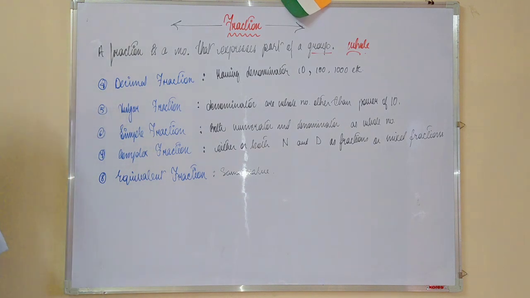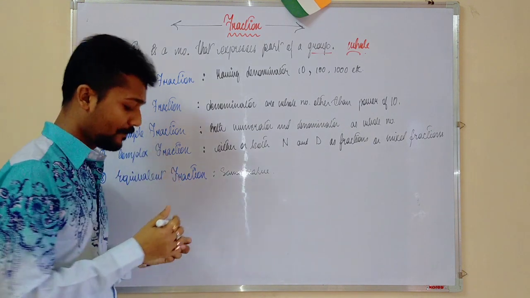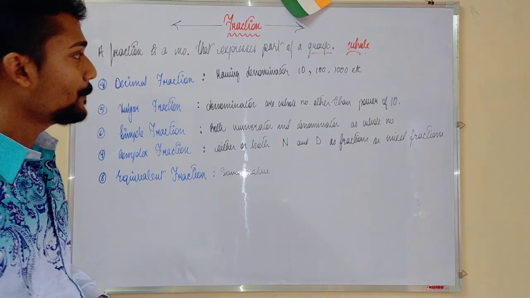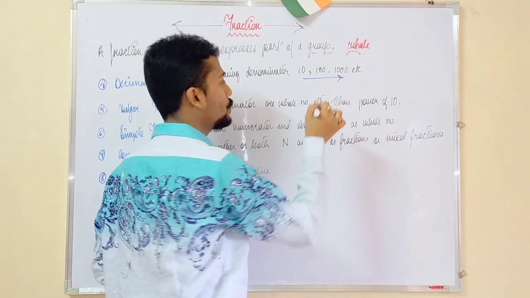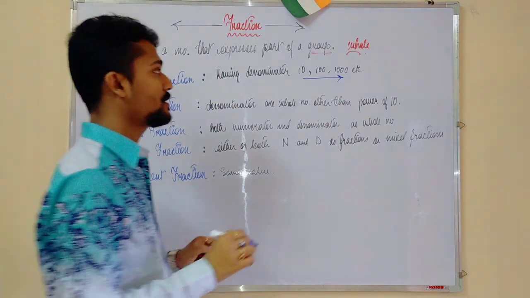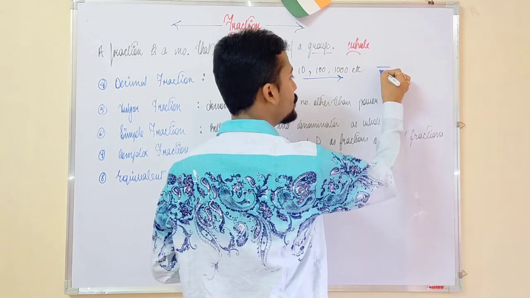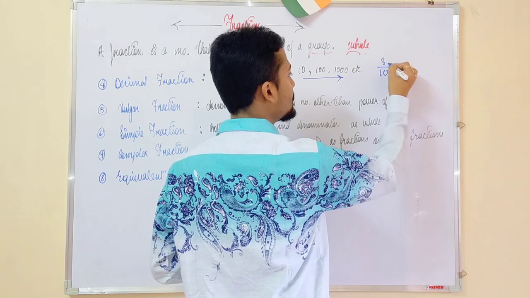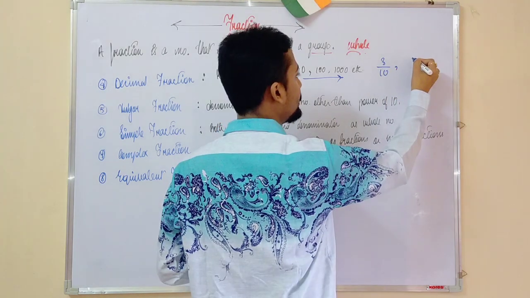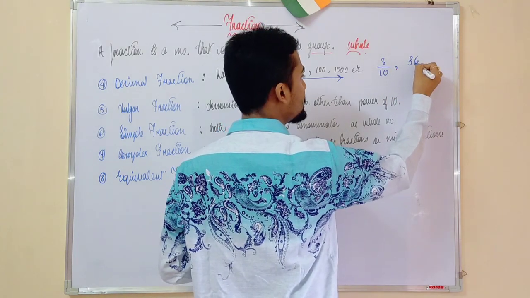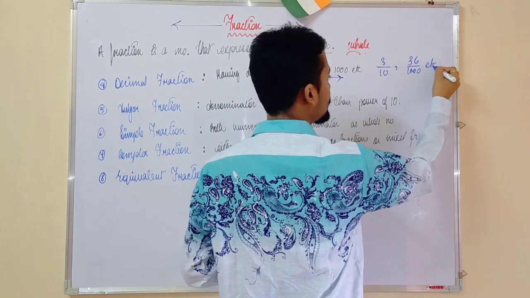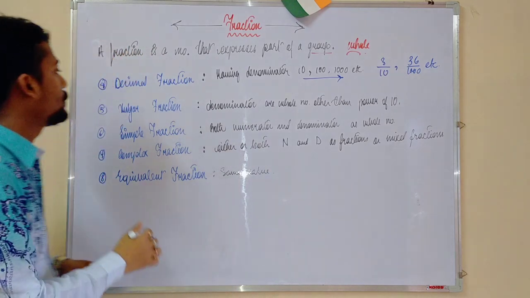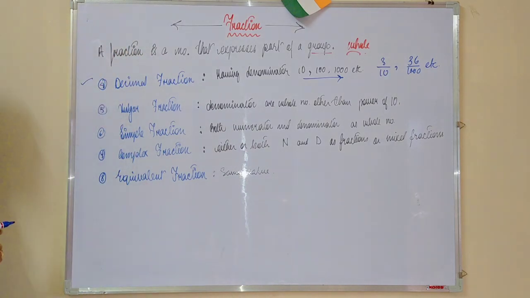Decimal fractions are those fractions which have denominator 10, 100, 1000 and so on. That means if a fraction has denominator, for example 10, like 3 by 10, or 36 by 100, or 1000, etc., these types of fractions are known as decimal fractions.